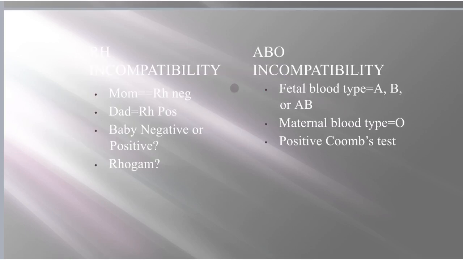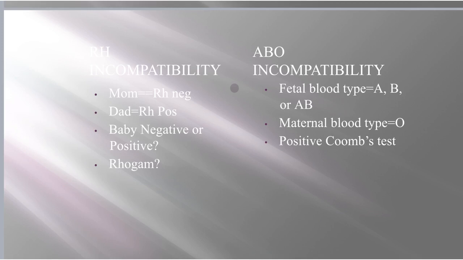All right. RH incompatibility. For this to occur, mom needs to be RH negative. Dad has to be RH positive or unknown. Moms will get RhoGAM shots. Moms that are RH negative will get RhoGAM shots at, I want to say, 28 weeks gestation for every pregnancy. She will get another RhoGAM shot again after delivery if that baby is RH positive.